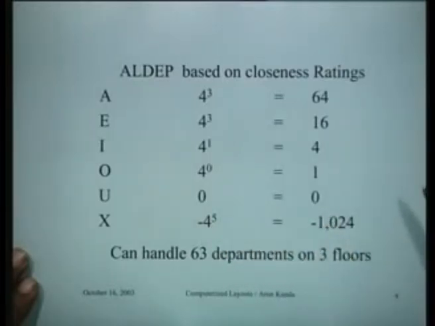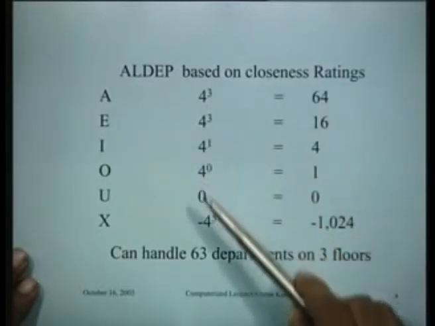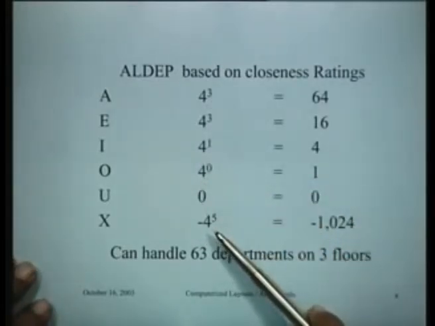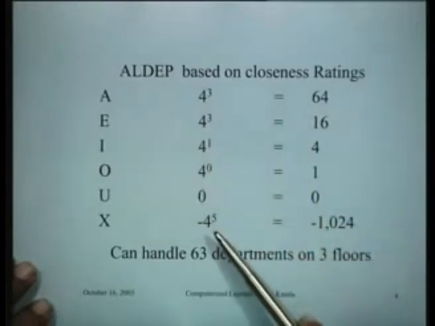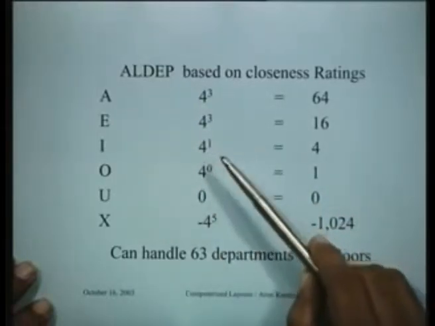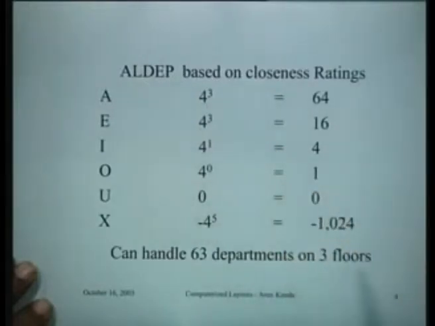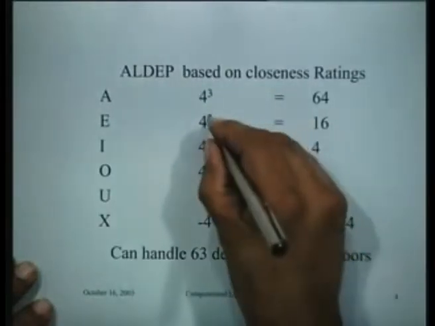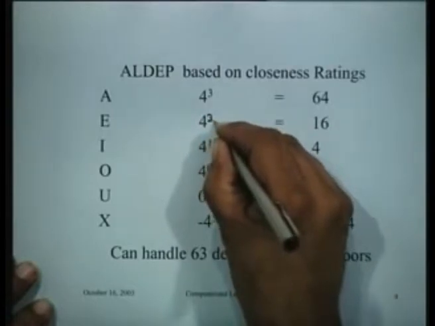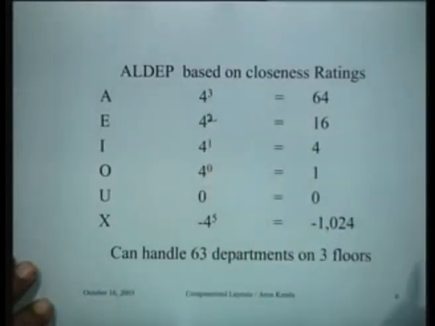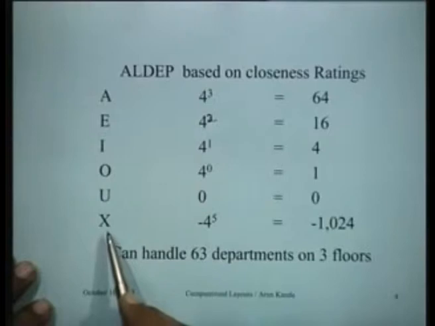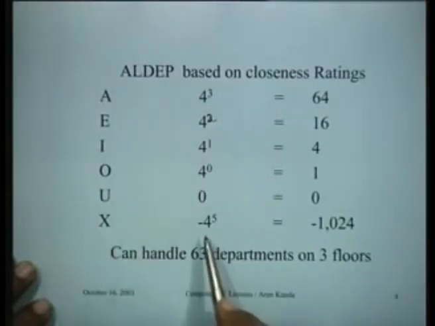These are the numerical values given to these ratings. So it is 4 to the power 1, 4 to the power 2, 4 to the power 3, and X, which is a highly undesirable requirement between two departments, is given a negative score of -4 raised to the power 5.